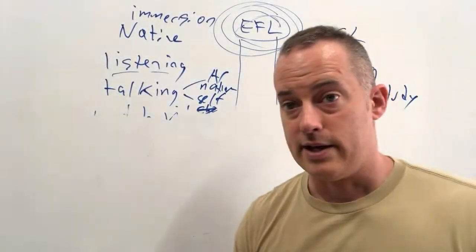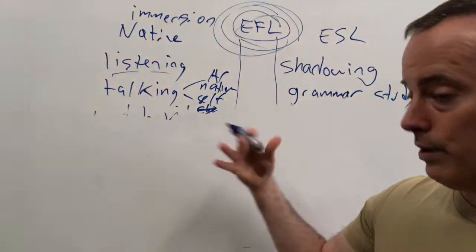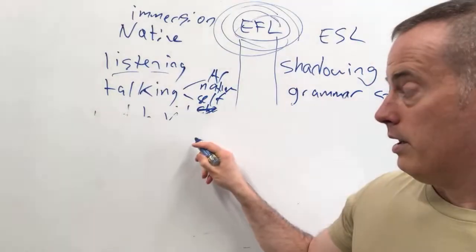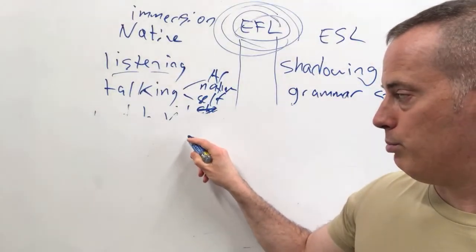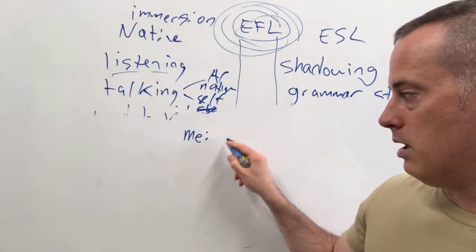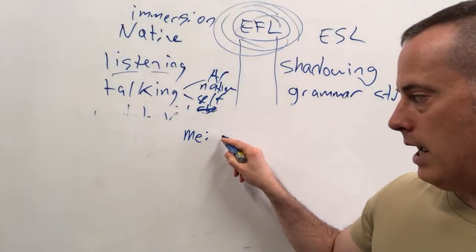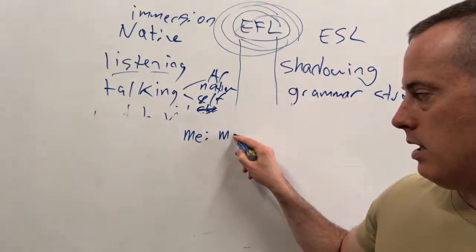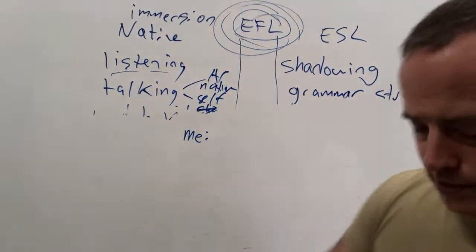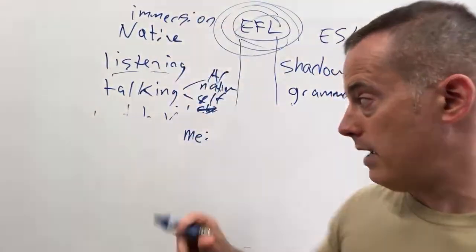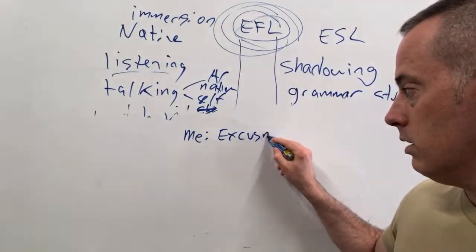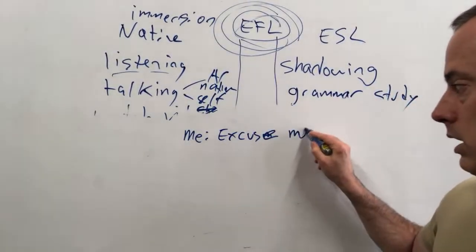So just to write this down very quickly, I'm learning how to order a drink at a restaurant. I go to the textbook, and the textbook says, this is me, I'll put an M here. First I have to get the waiter's attention, so I say, "Excuse me."